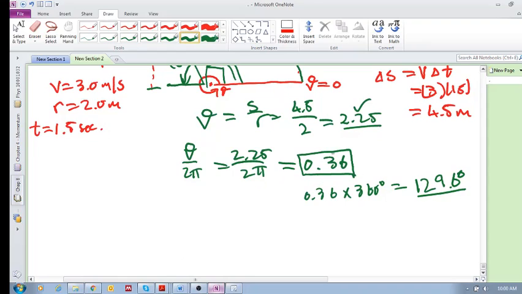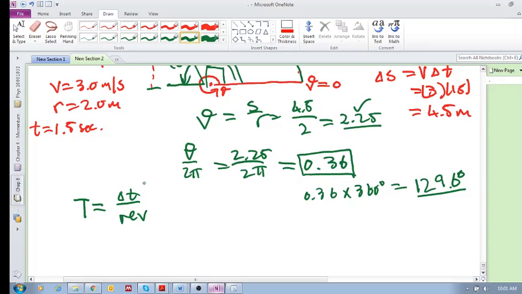Okay, so using this technique of mine, we know that, first of all, your period is how long it takes to complete one revolution. So it's going to be delta t over the percentage of a revolution.